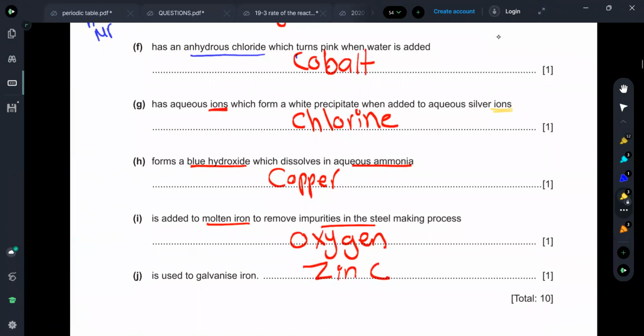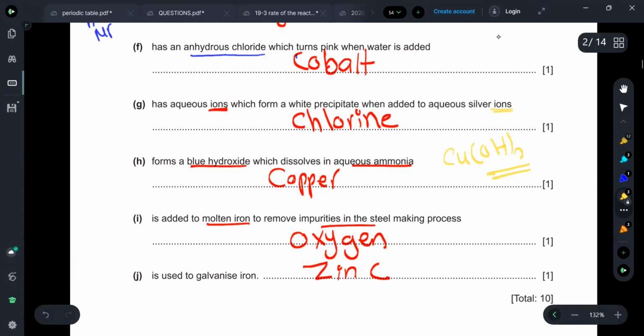Element H forms a blue hydroxide which dissolves in aqueous ammonia. Copper ions form a blue hydroxide, copper hydroxide, responsible for the blue color.